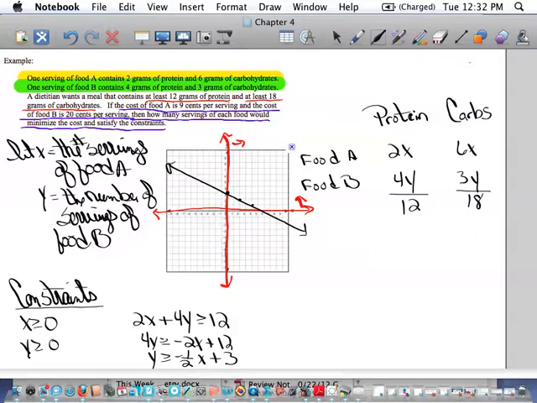Okay, the next equation, we're going to have 6x plus 3y has to be greater than or equal to 18. So solve that for y. I have 3y is greater than or equal to minus 6x plus 18. So y is greater than or equal to negative 2x plus 6. So again, go ahead and graph that equation.